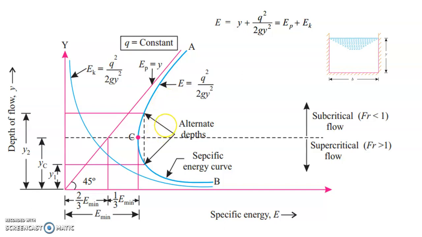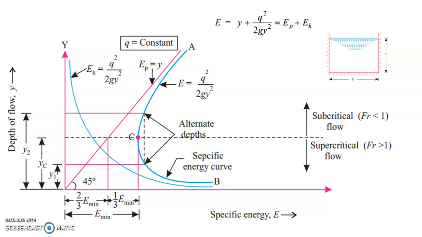There are three things associated with the point C. The point C always refers to a critical point, which is associated with three parameters: critical energy, critical velocity, and critical depth. You can very easily identify the minimum energy on the x-axis corresponding to the point C, and that is known as critical energy, and C has an ordinate on the y-axis, and that is known as critical depth, that is yc.